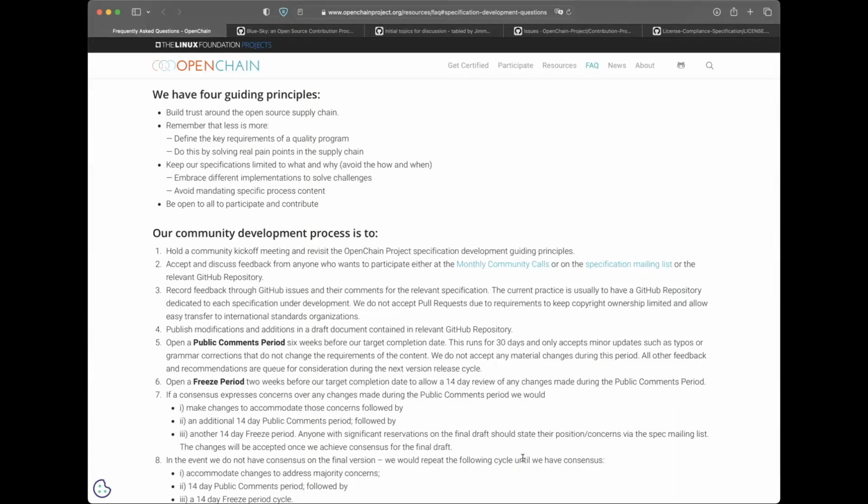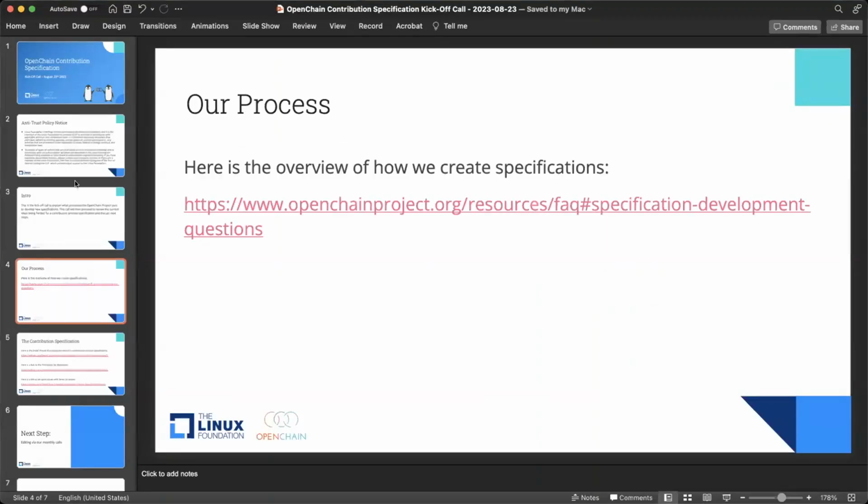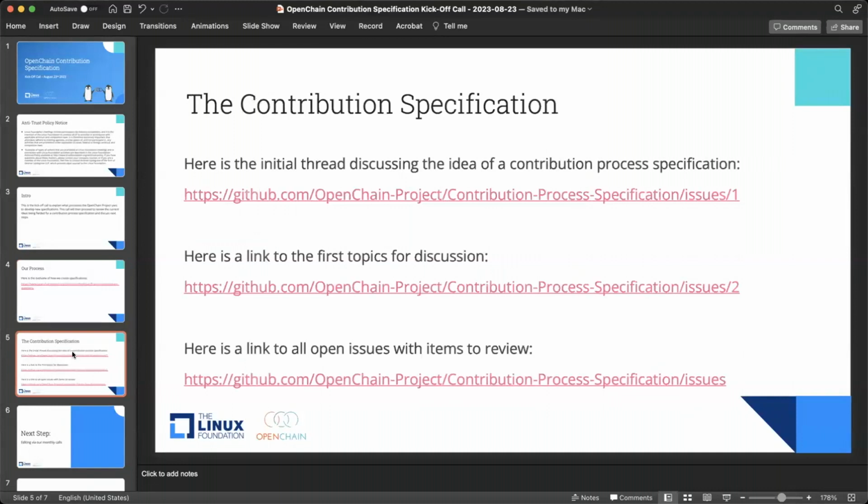What we'll do now, moving here, is we'll talk about specifically what we're doing with this new standard, the contribution spec. So there was a thread saying, what if we took one of the important final sections of our license compliance standard about contribution and expanded it?